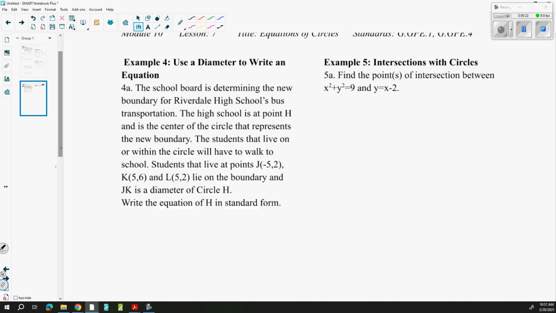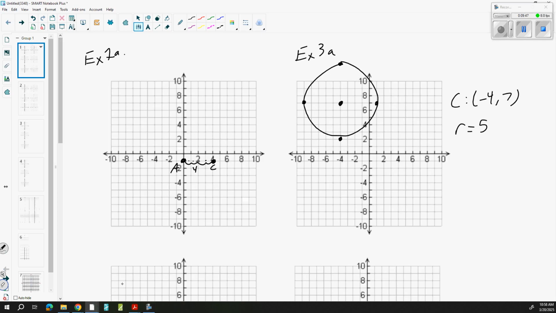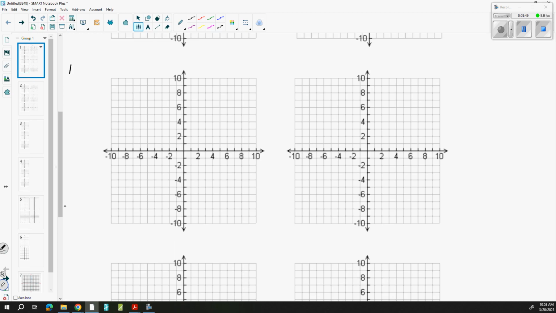So we are going to need to go to our graphing paper to graph this. It gives us J, K, and L, but we really only need J and K because that's the diameter. So we're really going to focus on J and K here. So my example 4 right here.